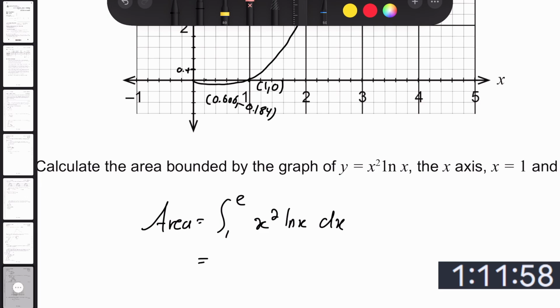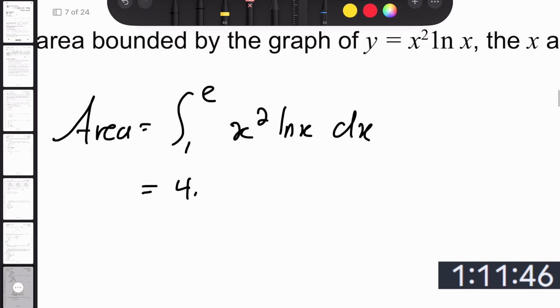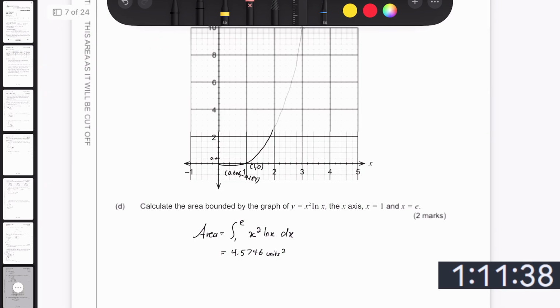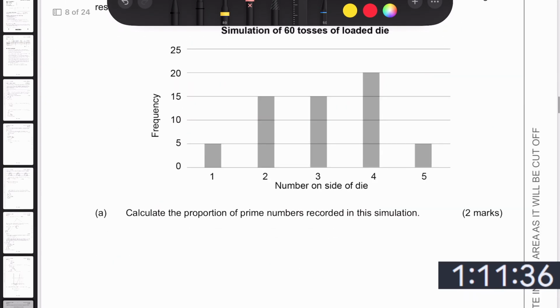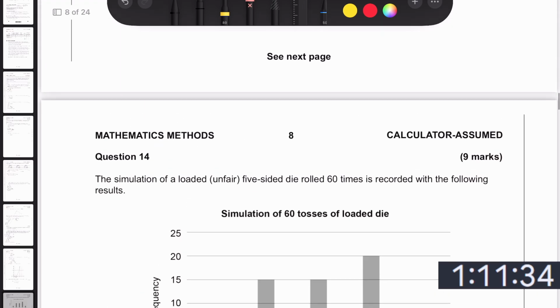I should really set a keybind for the integral sign. I get that the area here is 5.74. I'll do 4 decimal places, and I don't think we were given units, so I'm just going to write units squared. Okay, next question.